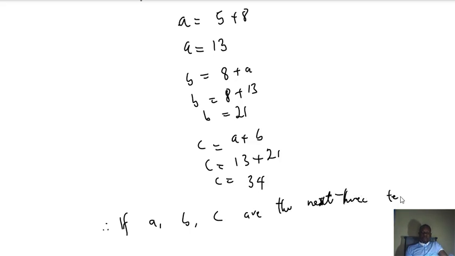So if A, B, C are the next three terms, then 13, 21 and 34 will be the next three terms.